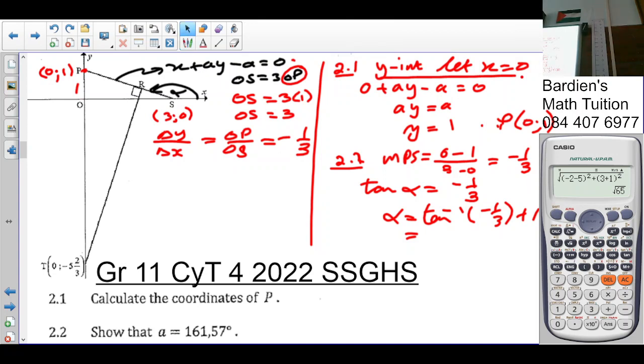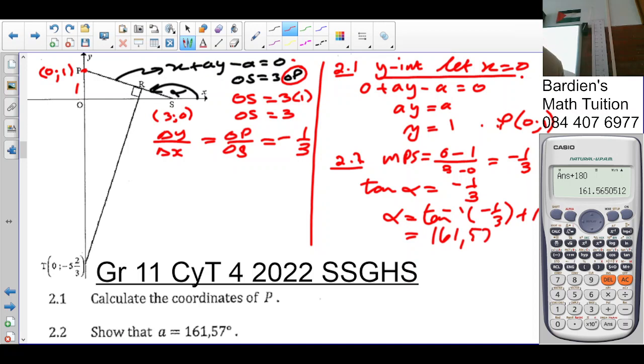So it's going to be shift tan of negative 1 over 3, then I add 180, which gives me an angle of 161,57 degrees. For a show that will prove that question, you can't start off with 161,57. You must end off with it.